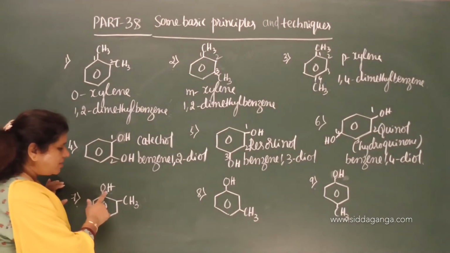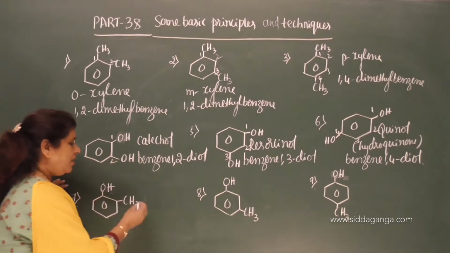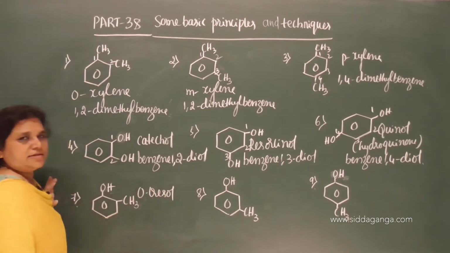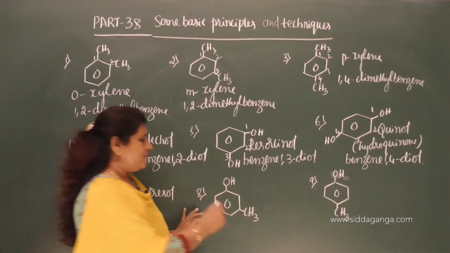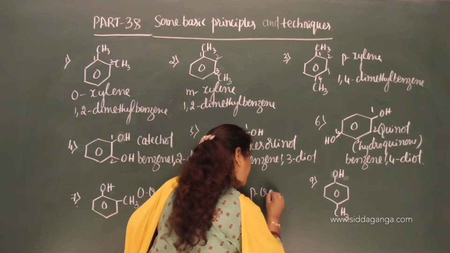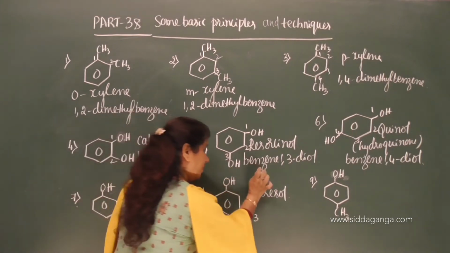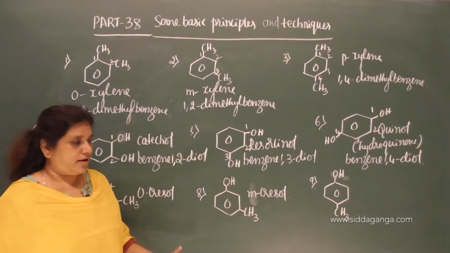Then OH and the methyl group are on the adjacent carbon atoms, therefore it is o-cresol, ortho-cresol. When it is on the alternate carbon atoms, then you can call it m-cresol, meta-cresol.